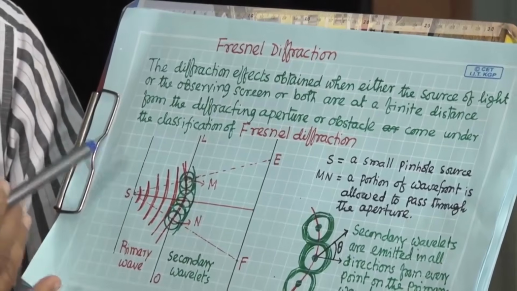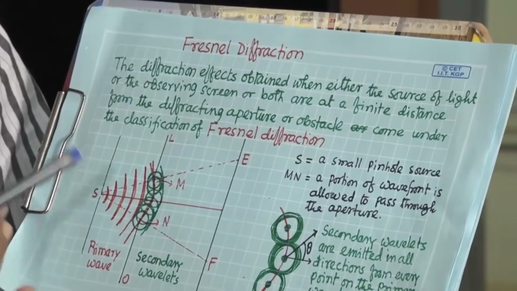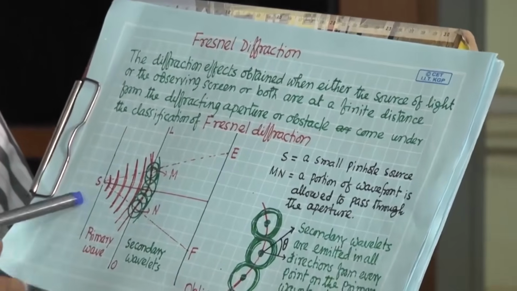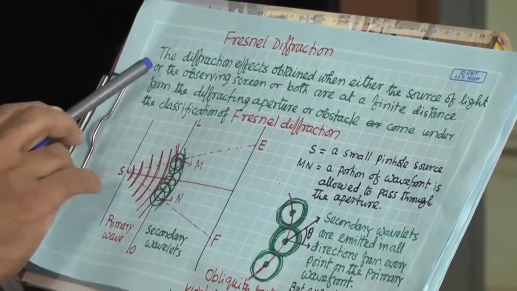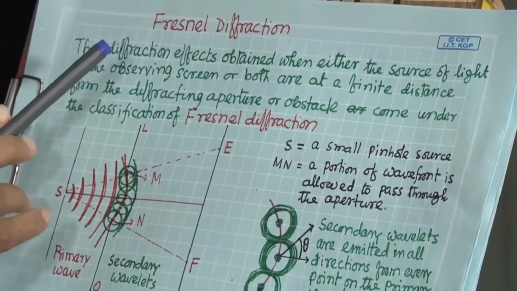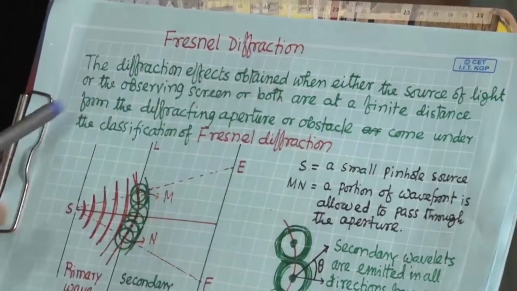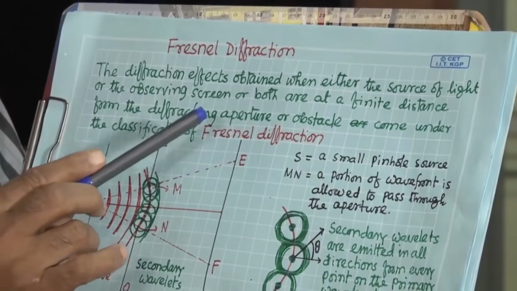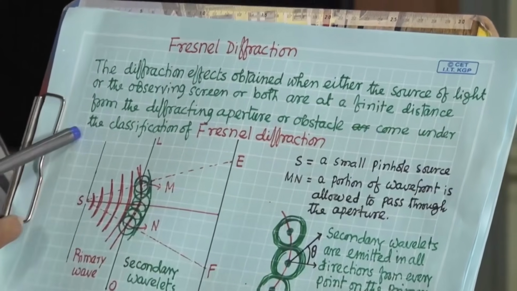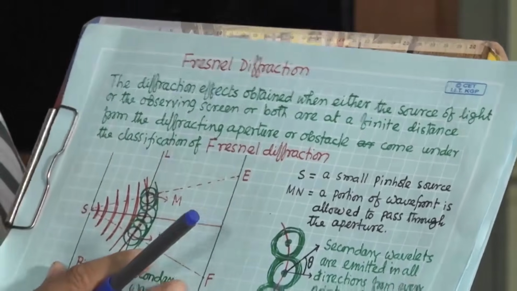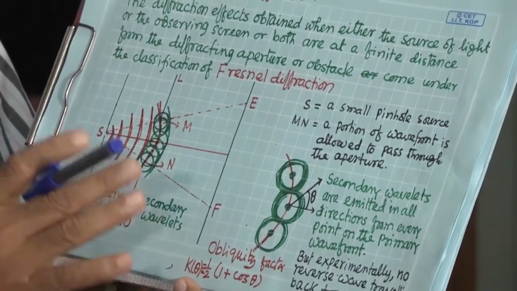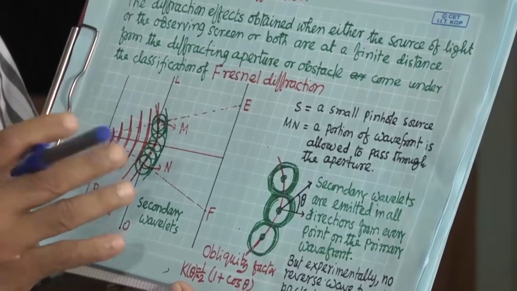Diffraction effects obtained when either the source of light or the observing screen or both are at finite distance from the diffracting aperture or obstacle come under the classification of Fresnel diffraction. The zone plate experiment we will demonstrate is of the Fresnel diffraction type.